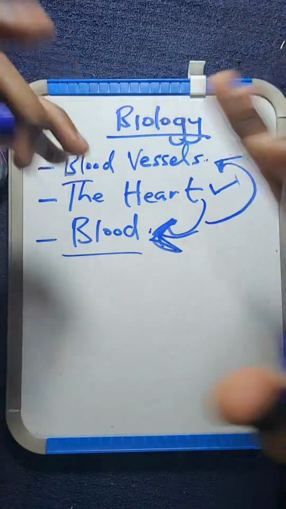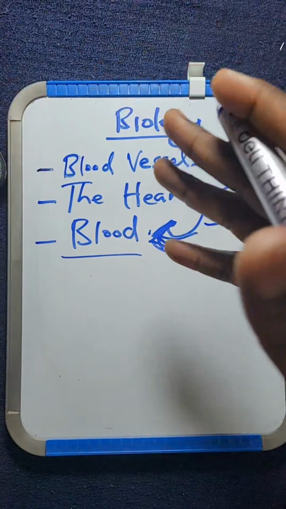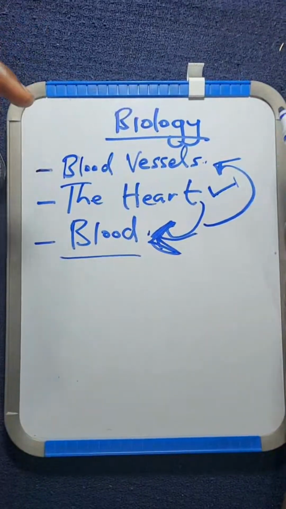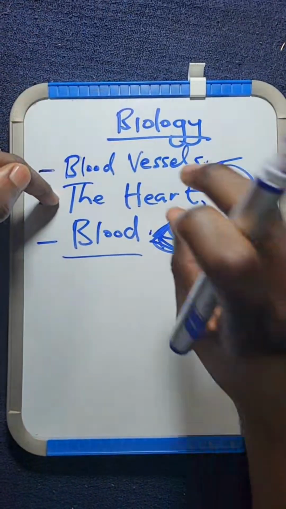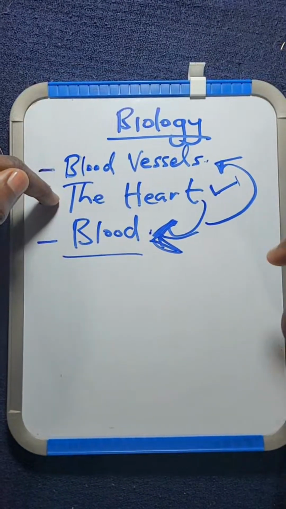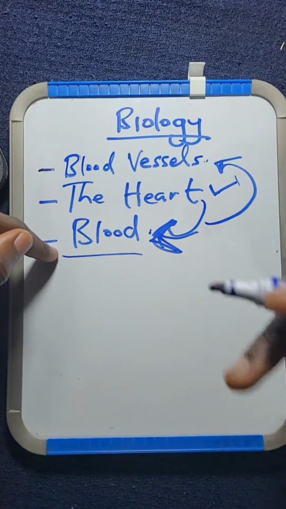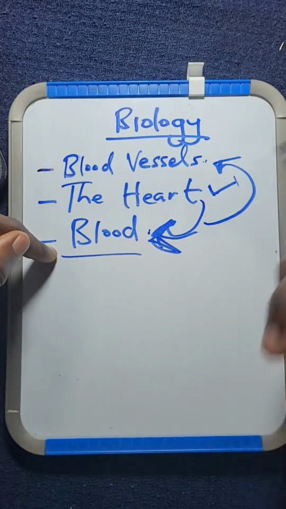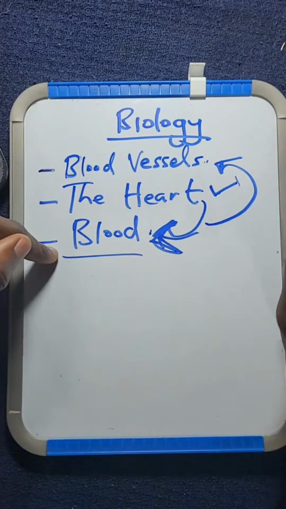If you look at any system that you can think of, there are parts of that system that are working together so that the system can function. In the transport system, we've got the heart, whose function is to pump blood. We also have blood, whose function is to transport the nutrients and the oxygen in it, and also to transport the toxic things out of the body.